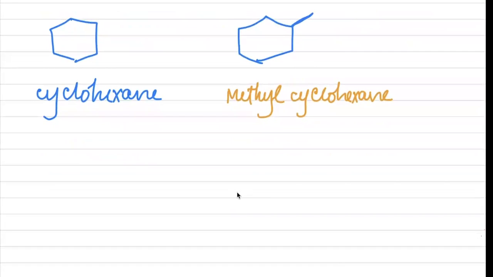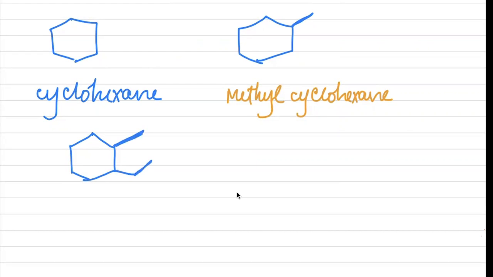Now suppose the compound is like this. Now tell me from where we will start the numbering. Numbering will start from, because see, this group is a methyl group, and this group is an ethyl group.